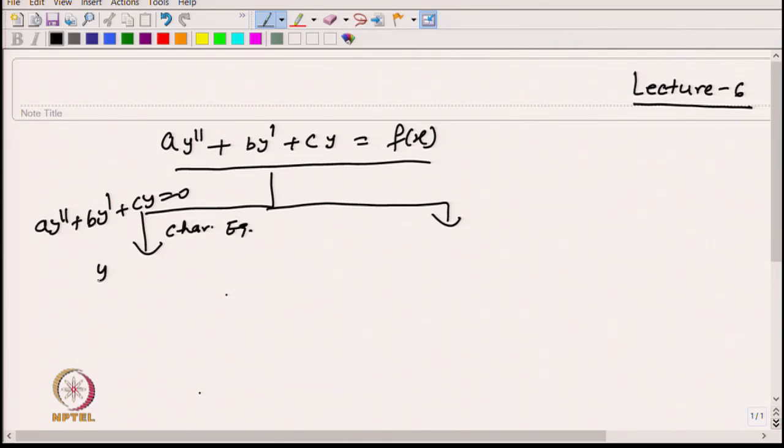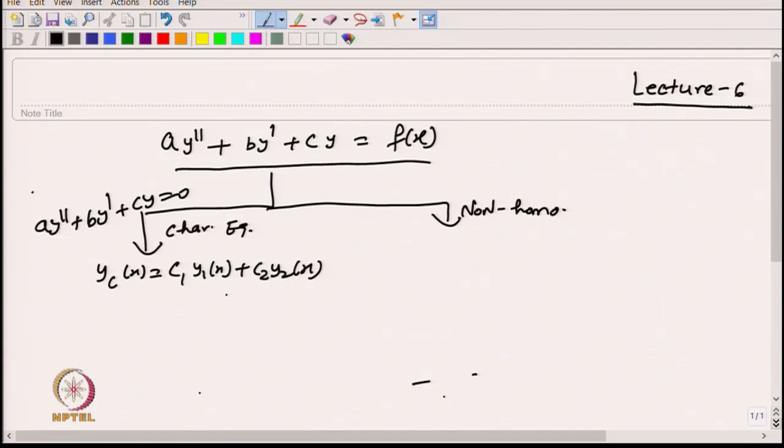Then we found the complementary solution, which can be written as c1 y1(x) plus c2 y2(x). Here y1(x) and y2(x) are the linearly independent solutions of this equation. Once we know the solution of the corresponding homogeneous equation, we start solving the non-homogeneous part.